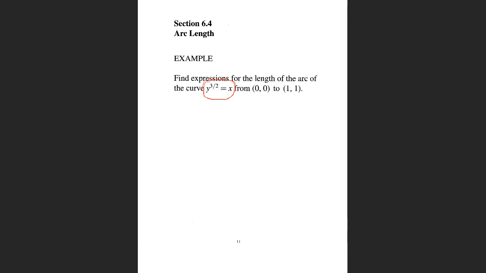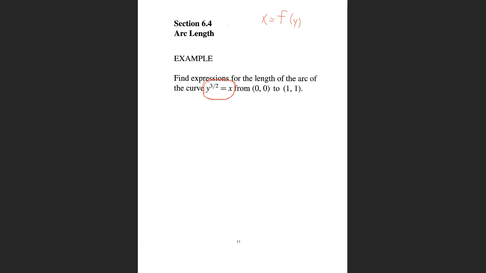It would be y. I'll tell you why, Nathan. What's the independent variable here? If x equals y to the 3/2, if x is equal to some function of y, what's the independent variable, x or y? Y. Well, it's really the y.